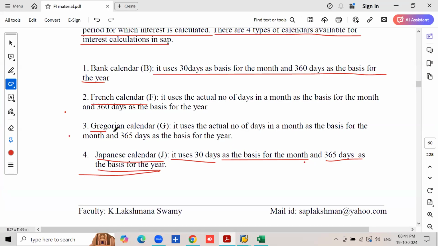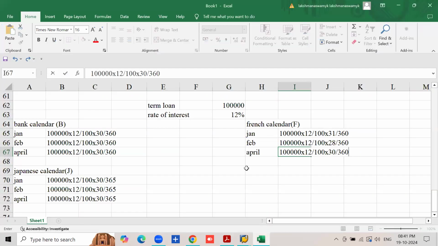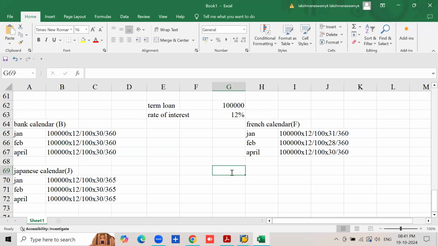See, Gregorian calendar. It uses the actual number of days in a month as the basis for the month and 365 days as the basis for the year.